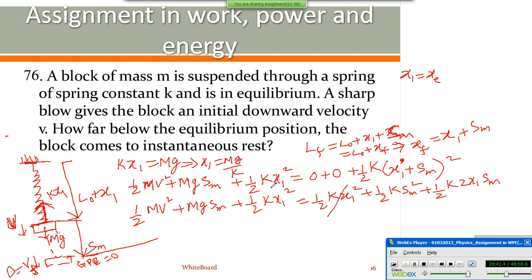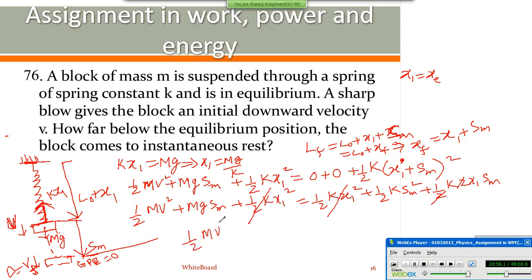So half k x1 square, you can cancel on both sides. And you can substitute k x1 equal to mg on the right hand side.